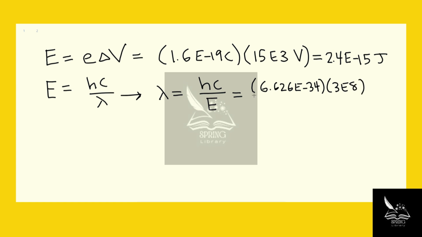I was a little sloppy, I left off my units. These are in joule seconds and meters per second. And it's over 2.4e-15 joules, which will give us a resulting value of 8.28e-11 meters.